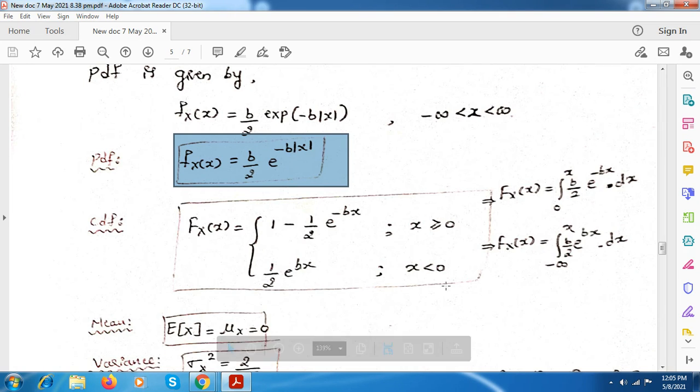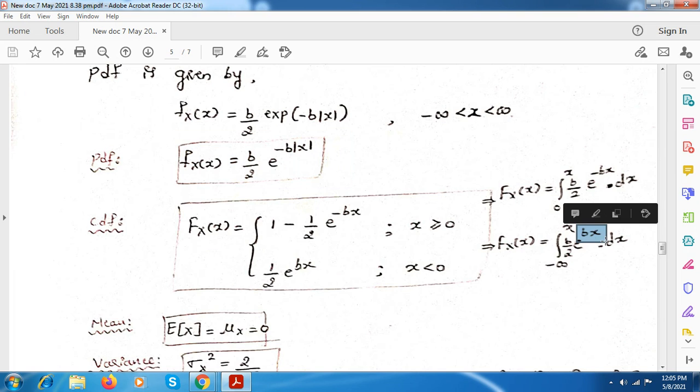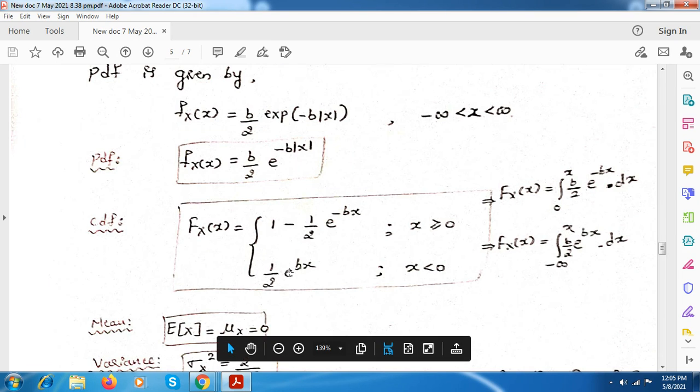For x less than 0, it will be minus x instead of mod x. So this will be e to the power of minus b into minus x, that will be bx. So for f_X(x) from minus infinity to x, it is positive e to the power of bx into dx. If you integrate this from minus infinity to x, you get 1 by 2 into e to the power of bx.